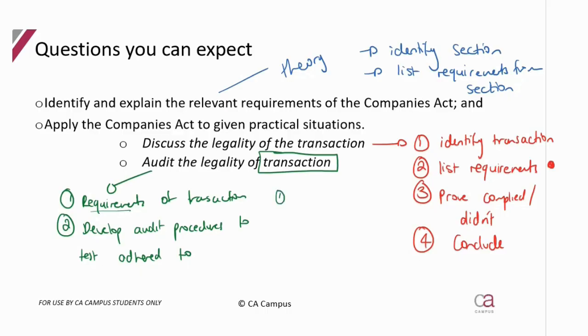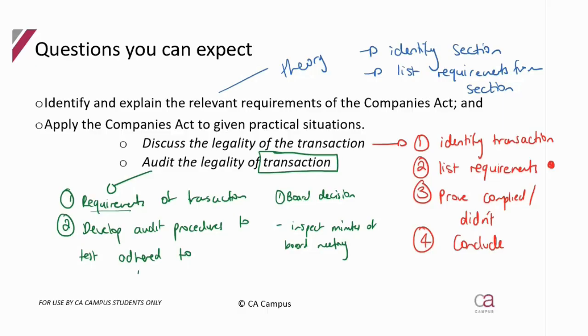They needed to have a board decision. So I need to now come up with a procedure to test that. So I need to go and inspect the minutes of the board meeting. So for every requirement, I must have a procedure to test that requirement.